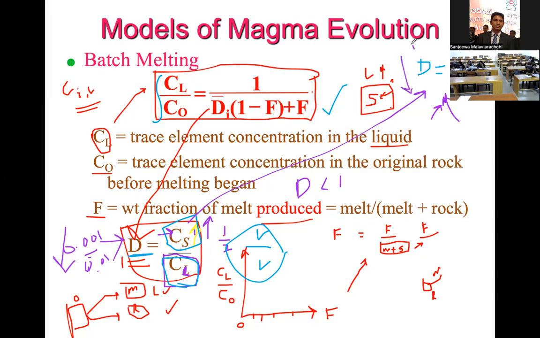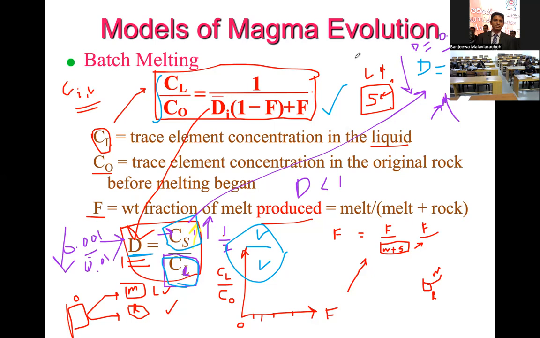D may be equal to something like 0.000001, for example. So if the element is very incompatible, D is very low, almost 0, which means you can ignore this D in this case.